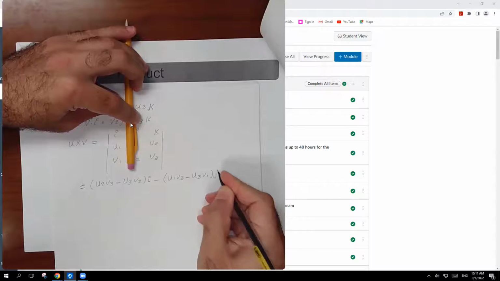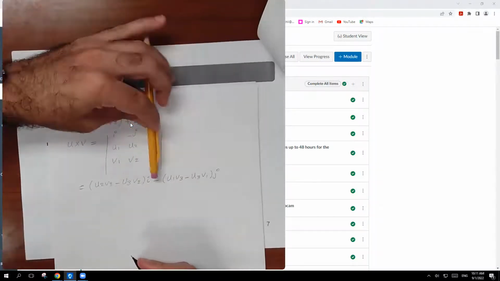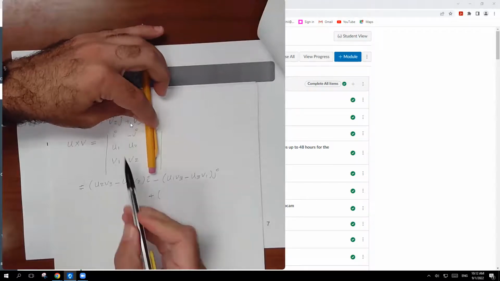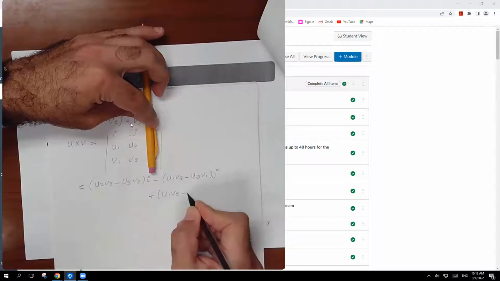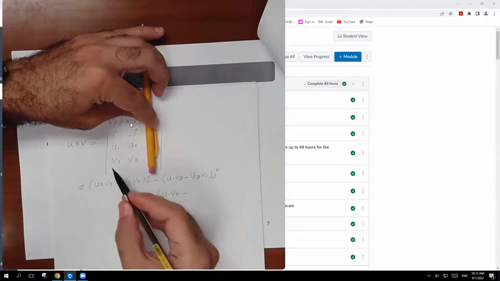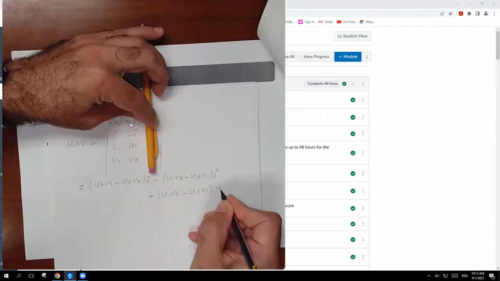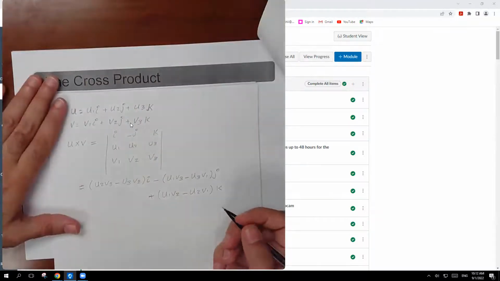This is for the component j. For the component k, it's going to be plus u1 times v2 minus u2 times v1, the component k. So this is the easier way to find the cross product.